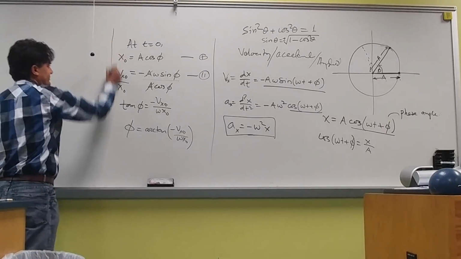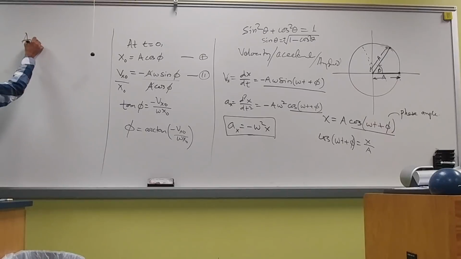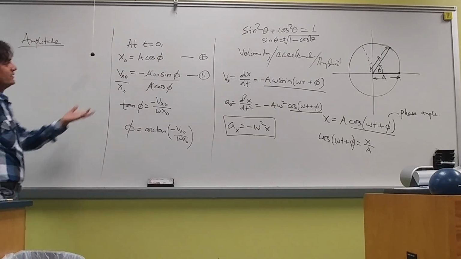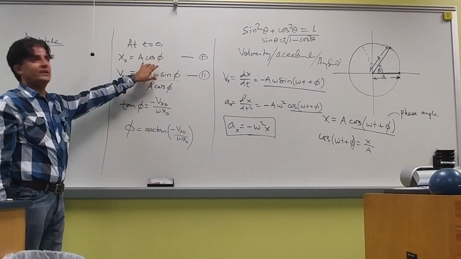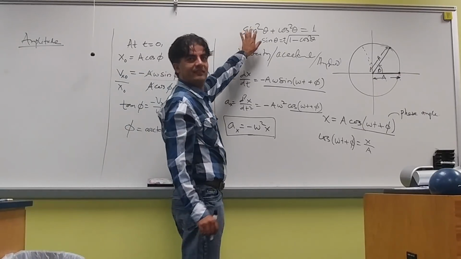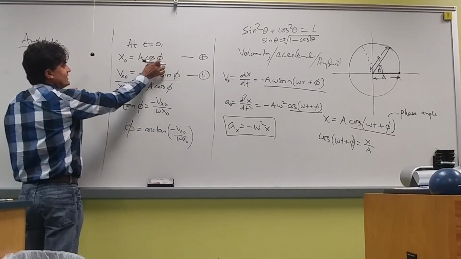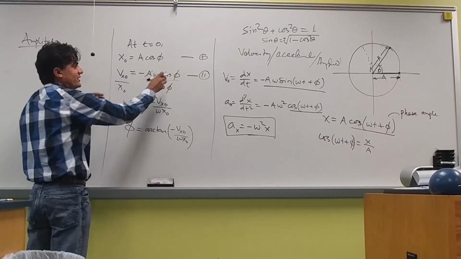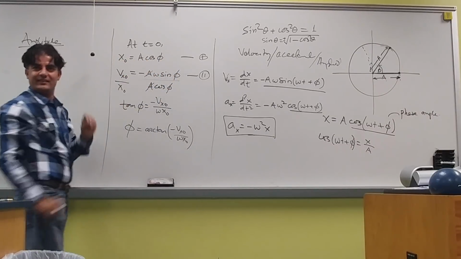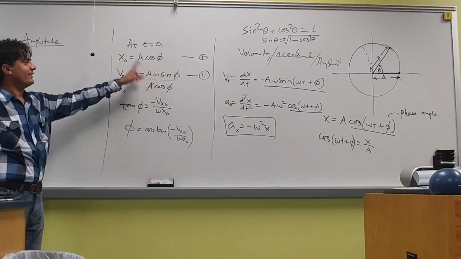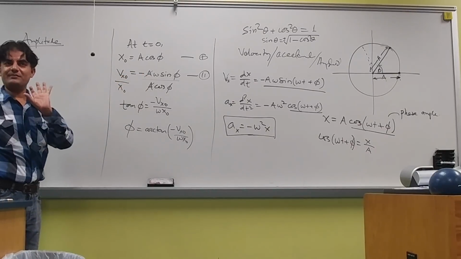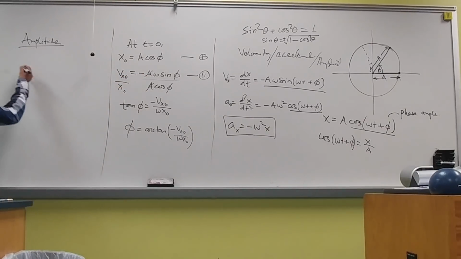How will you get the amplitude? Square them and use the same identity: sine square theta plus cosine square theta gives 1. So square this to make it cosine square, square this to make it sine square, and add them, and you are left with A. Let me do it slowly.